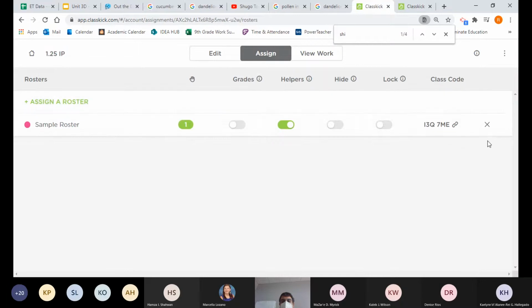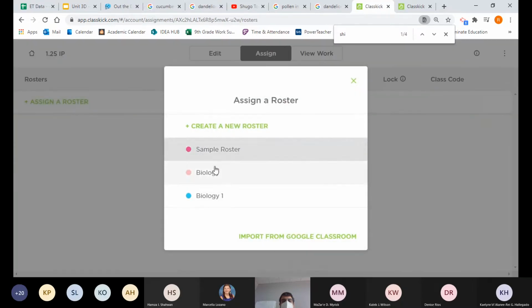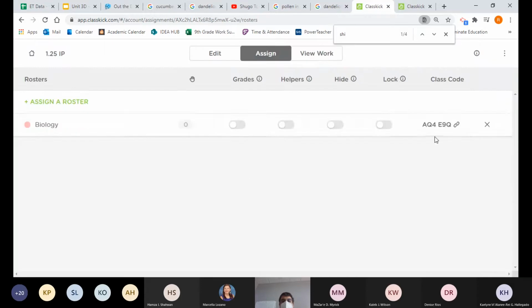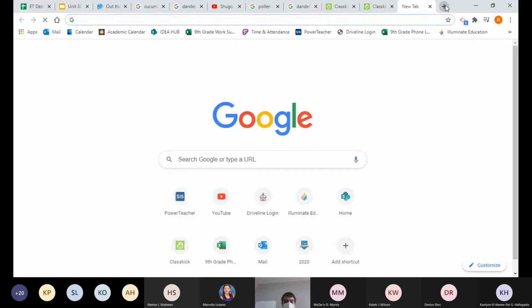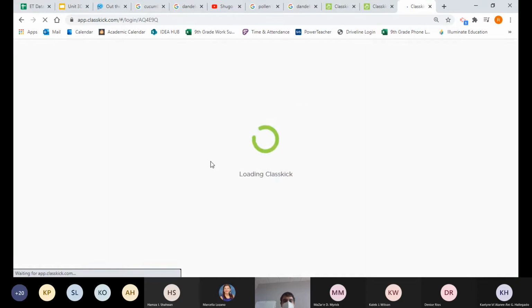I guess I could try generating a new code. Let me try that. Okay. If you're having trouble with it, try a new code. I'll try it on my end too.